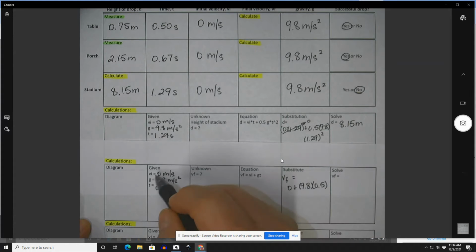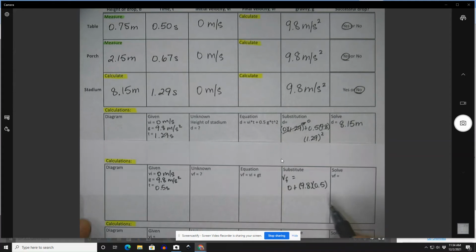Okay, so after we calculate that, we see that we get 4.9 meters per second. That was our final velocity for the drop from the table.